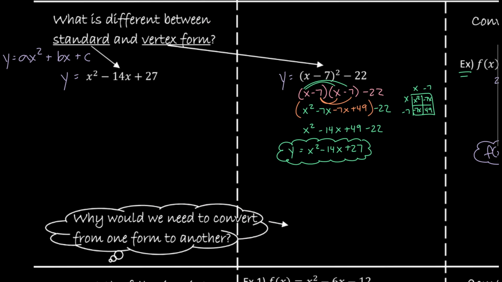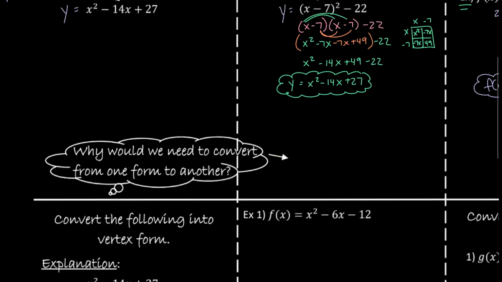What did we say is the difference between standard and vertex? What does vertex have that standard didn't? Parentheses and a square. So we are trying to create that set of parentheses squared. We're trying to find what we can square and still have it be the same equation as it was in standard form.